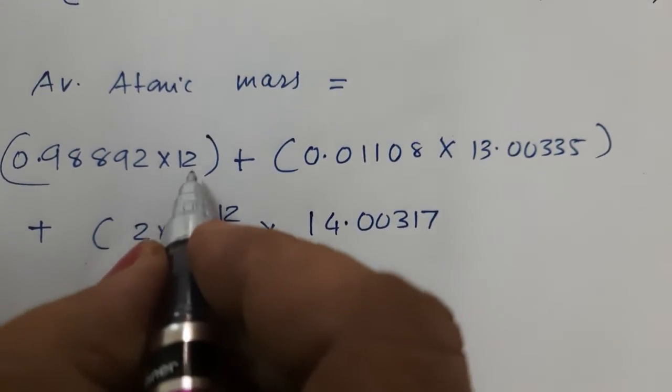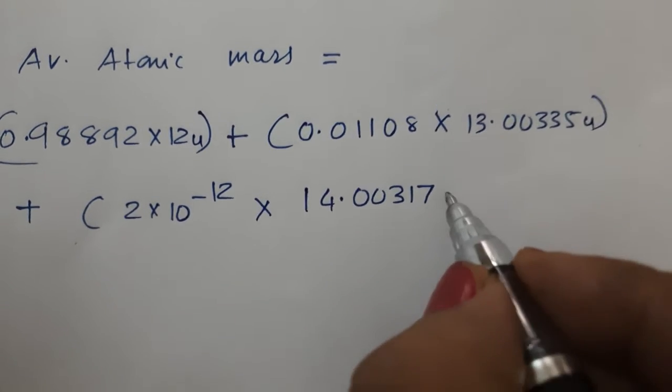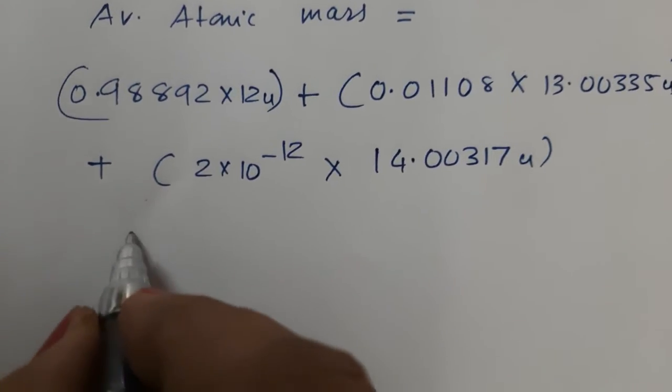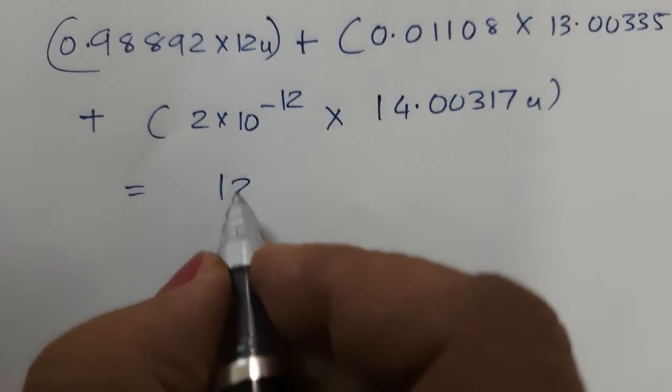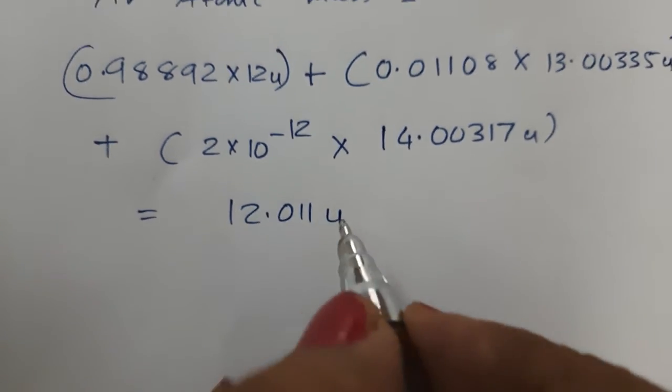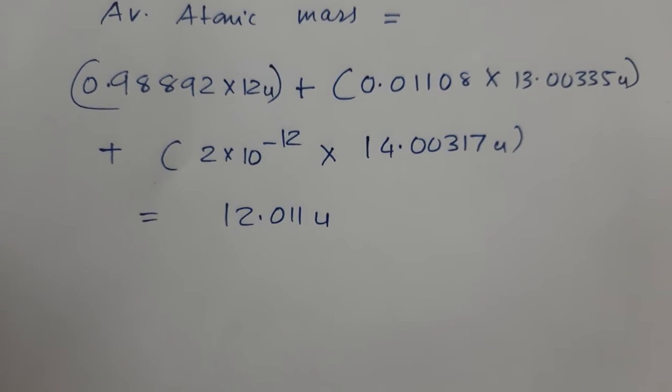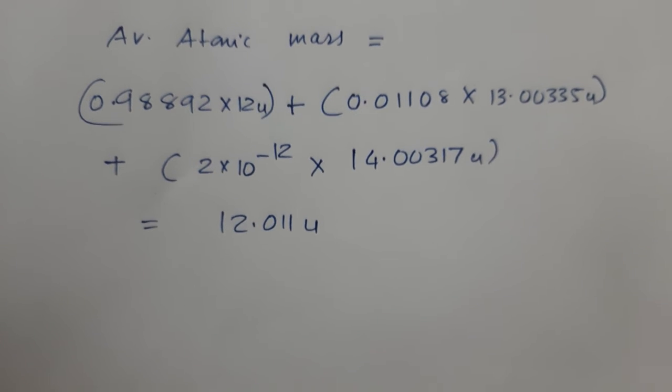All these are atomic masses in U, then you will add them and in total you will get 12.011 U. So in this way average atomic mass is calculated, correct?